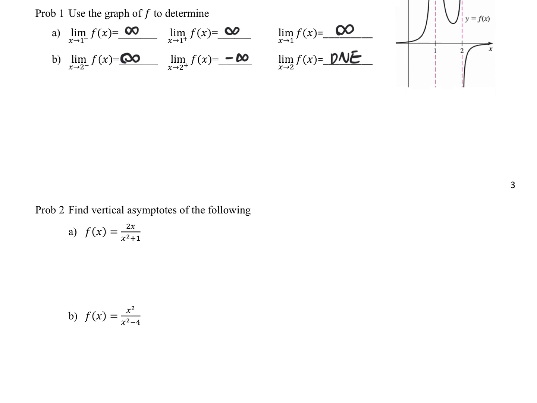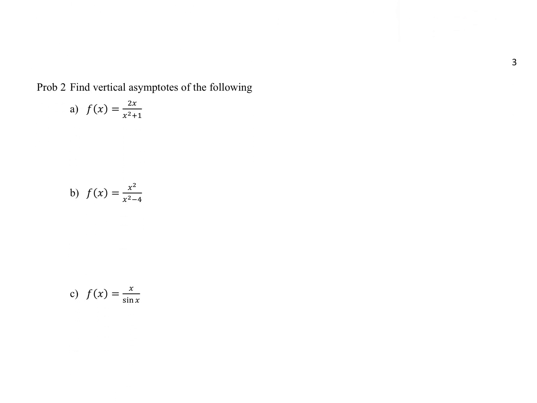Let's find some vertical asymptotes for the following functions. So first of all, the previous theorem tells us that the vertical asymptote happens when the denominator is equal to 0, right?